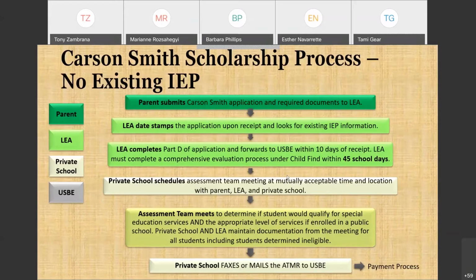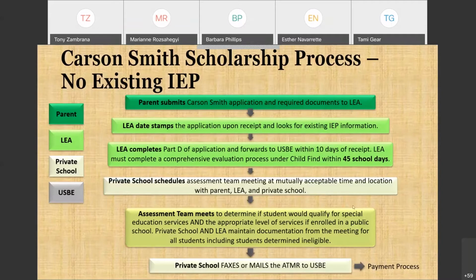But in the meantime, they do need to give us the application, regardless of whether or not the assessment has been completed. We can complete that after we've received the application. That was just a little bit of a garbled thing where the LEA at the time thought they had to have the assessment complete before the application was complete. And that's not the case.